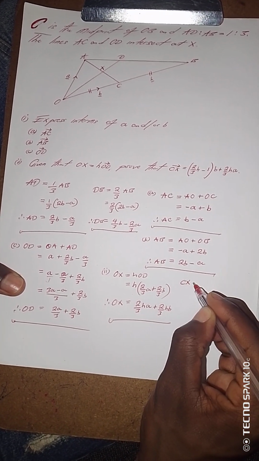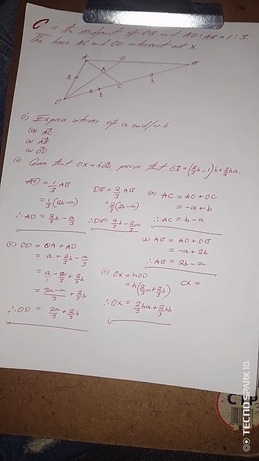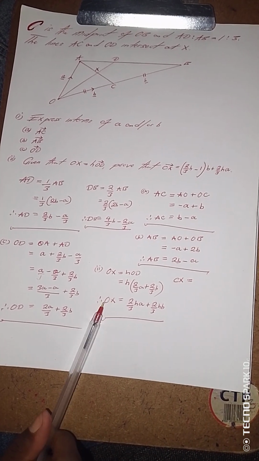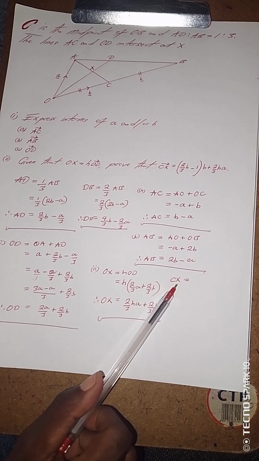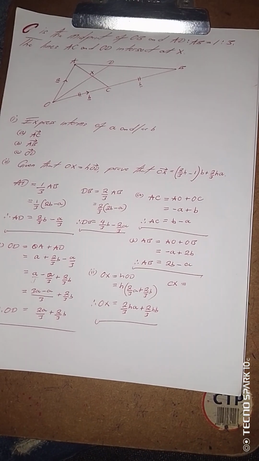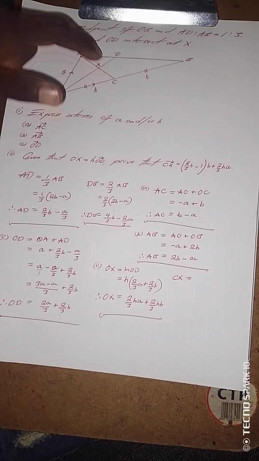CX is equal to, how are we going to move now? CX. So for the movement you're going to make, this OX should be in your movement for you to prove this one. So now go on the diagram, check where CX is. So CX is this one.